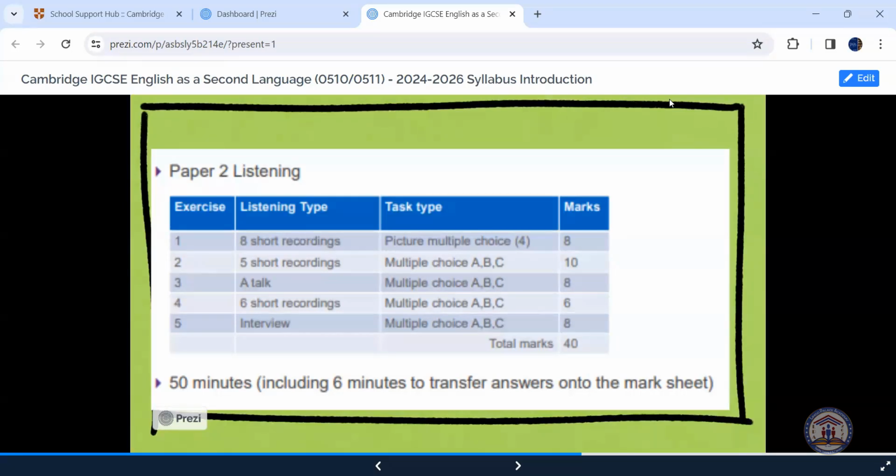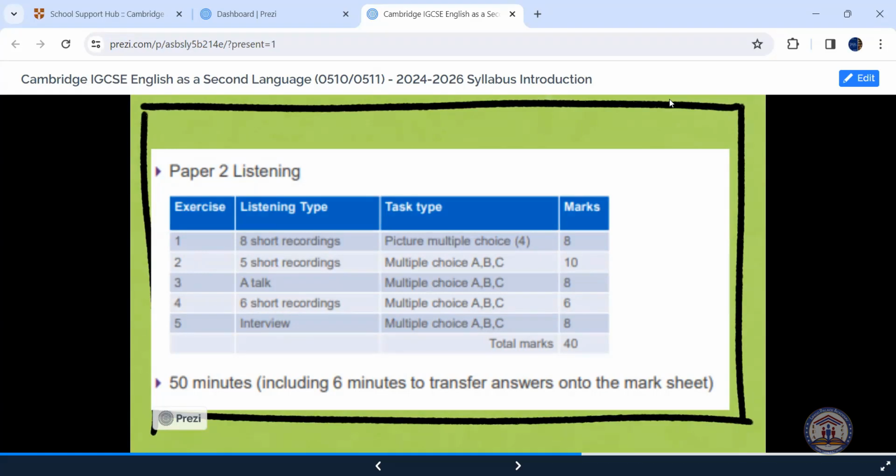Then exercise 2 comes. In exercise 2, you will have 5 short recordings. And in such question, you will have multiple choice questions A, B, C, not pictures, and there are 10 questions.